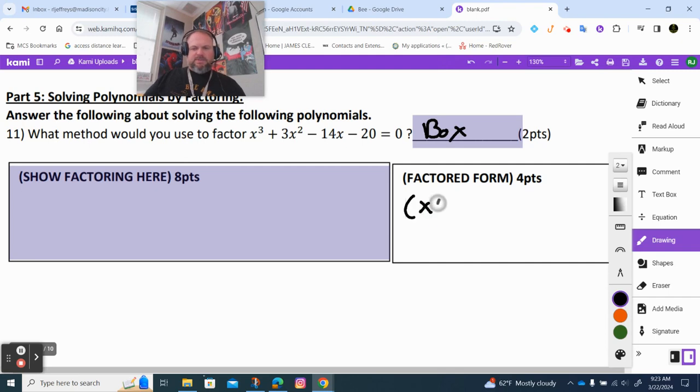I got x plus 1 and x squared minus 2, which is not right because there should be something bigger than 2 to come out of 14 and 20. But I'll fix that. Yeah, that's why we have a pre-practice test. It's for everybody. Mr. Jeffries included.